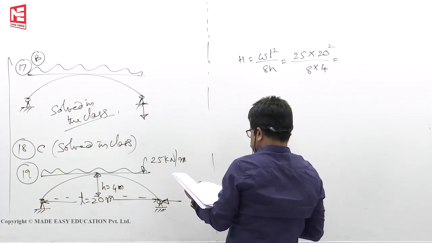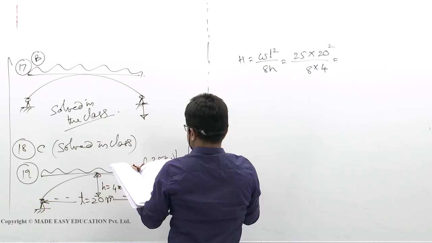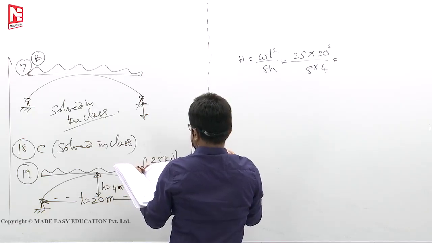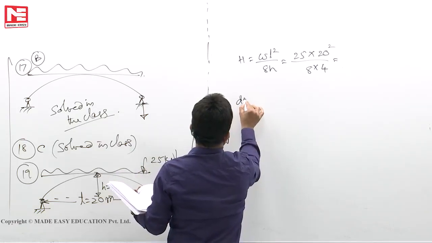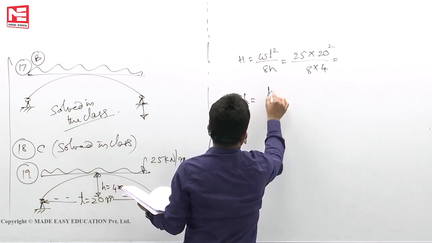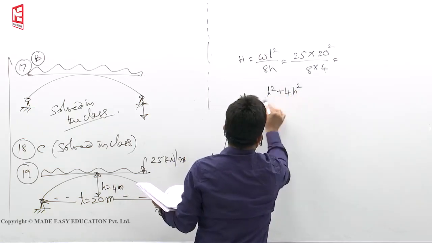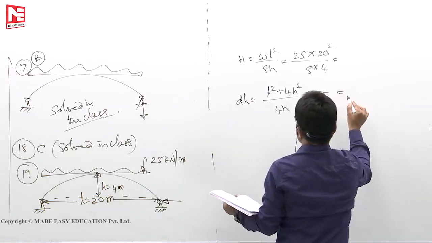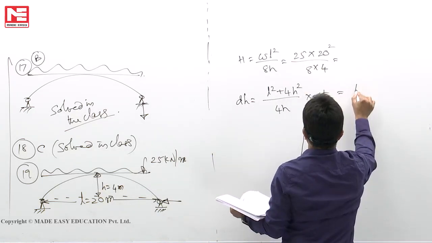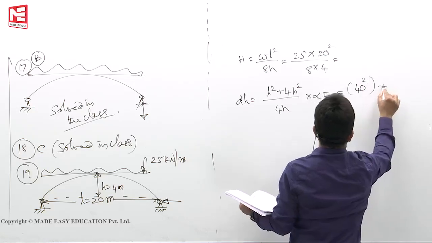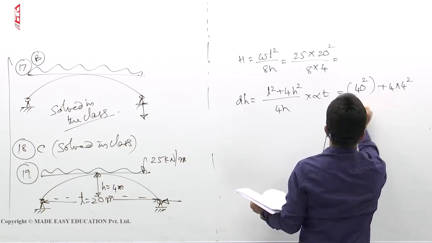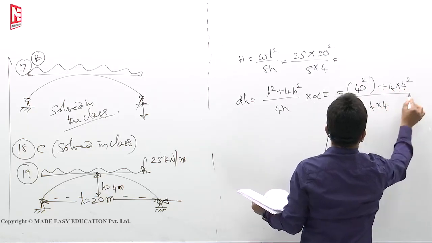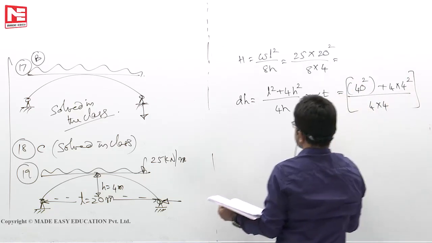Then subjected to temperature rise of 40 degrees centigrade, then delta H you have to calculate. The rise in the crown height is L square plus 4H square by 4H into alpha into T. L square, this is the rise. 40 square plus 4 into H square, that is 4 square, by 4 into 4. This is the value you will get.